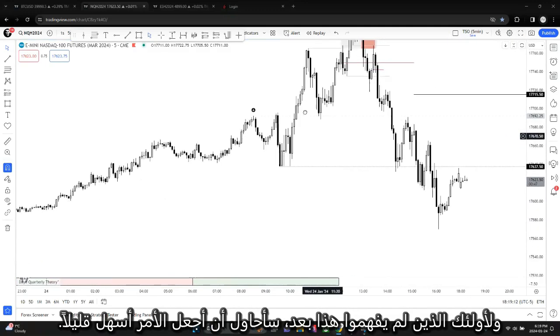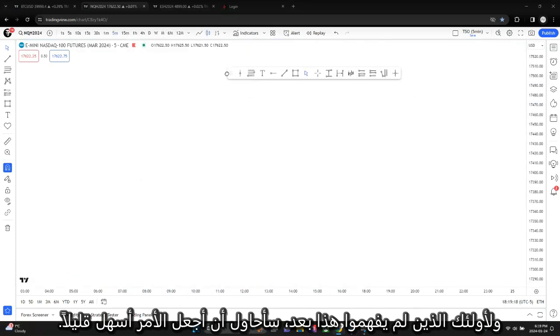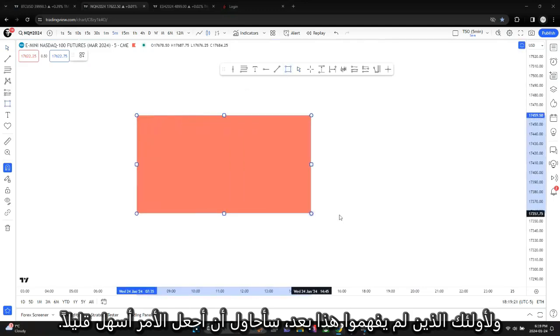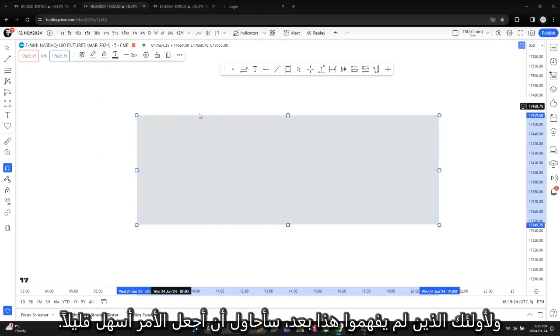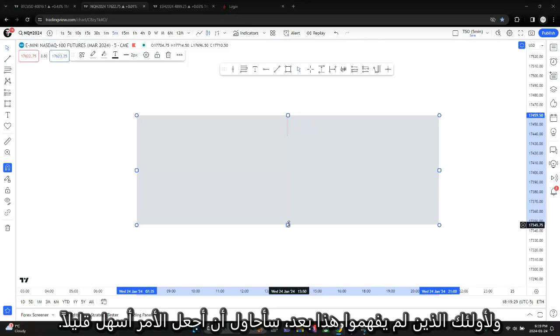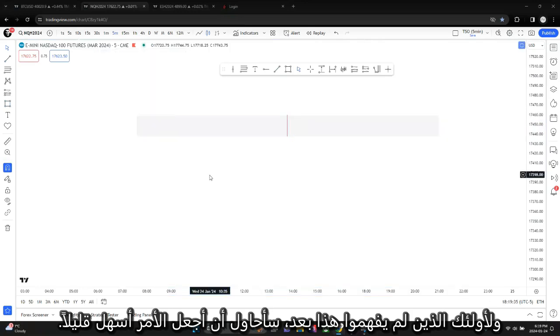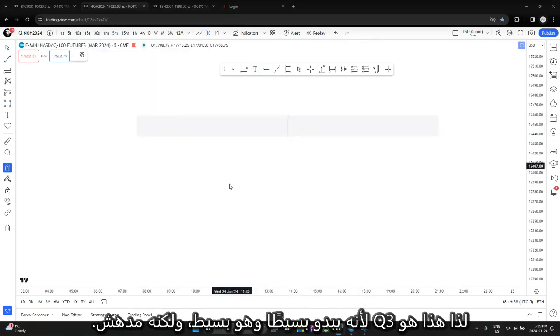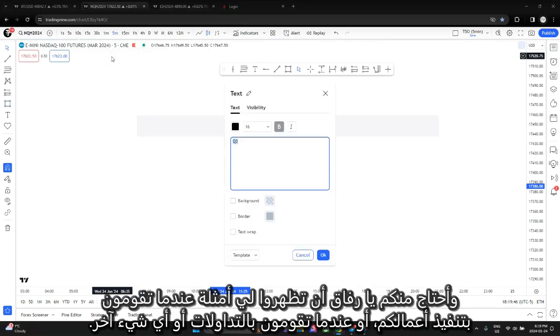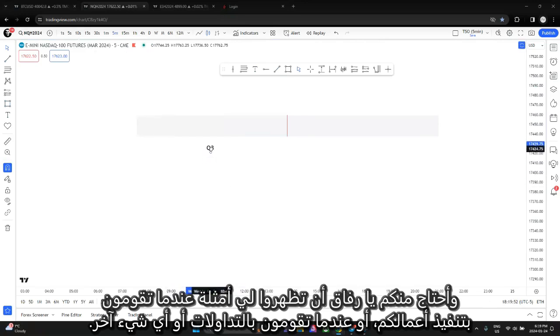And for those that don't understand this yet, I'll try to make it a little bit easier. So this is Q3, because it looks simple, and it is simple, but it's amazing. And I need you guys to show me examples when you do your executions, when you do your trades or whatever, right?